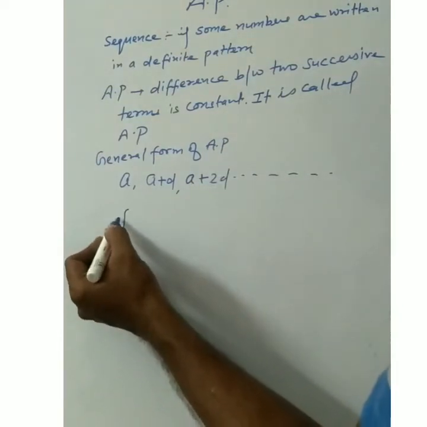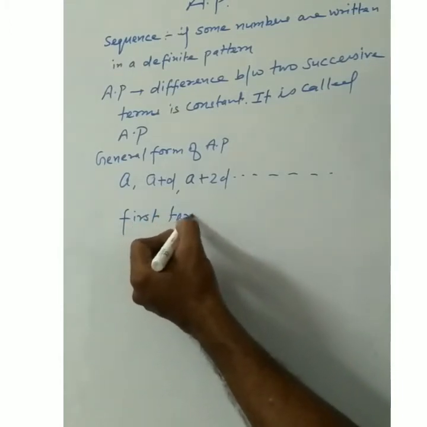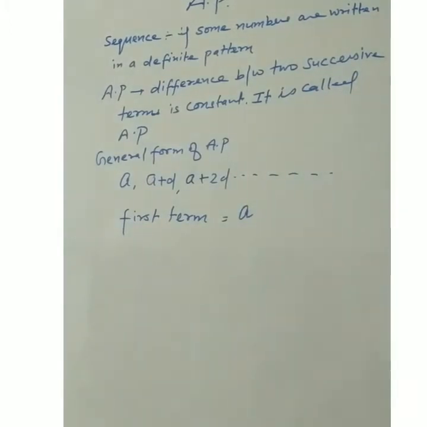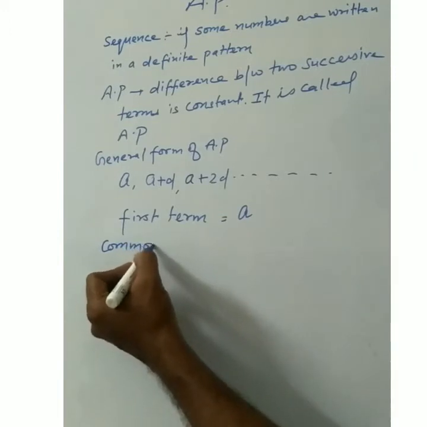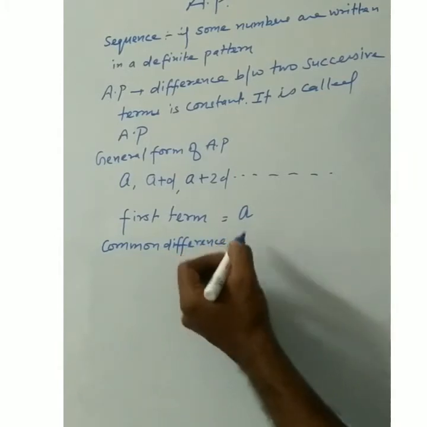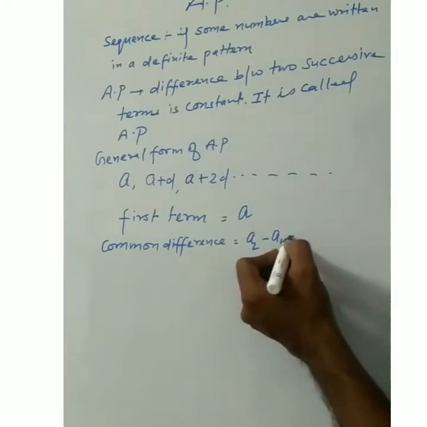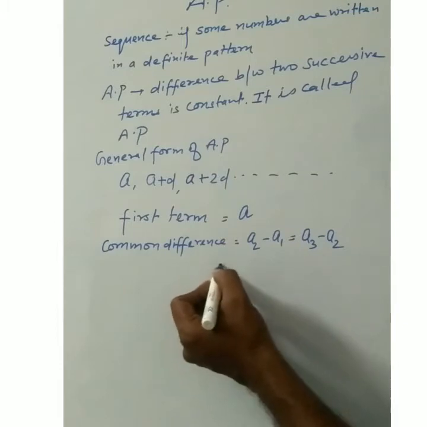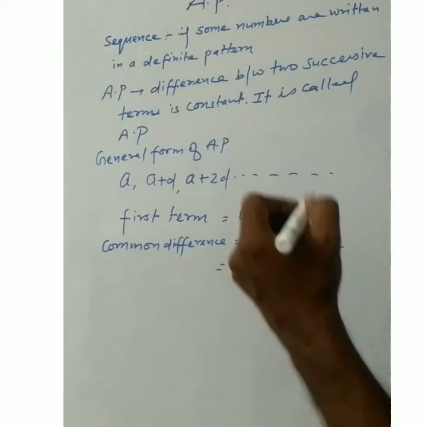We have some notations about the AP. First term is always denoted by A. Common difference is either second term minus first term, or third term minus second term, or nth term minus (n minus 1)th term.